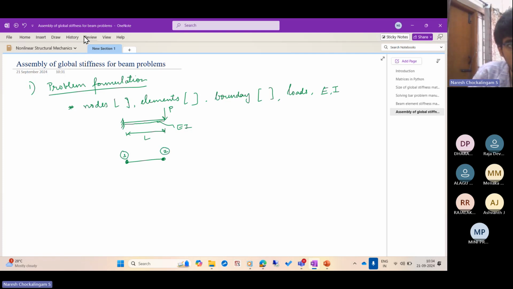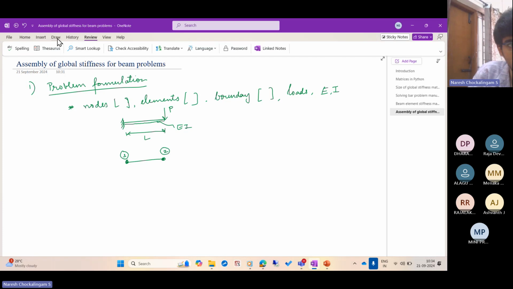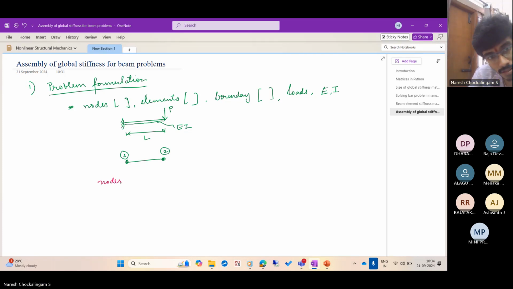Now, one of you can tell me what will be the nodes matrix for this? 0 and L. 0 and L, perfect. And another person tell me the elements matrix.